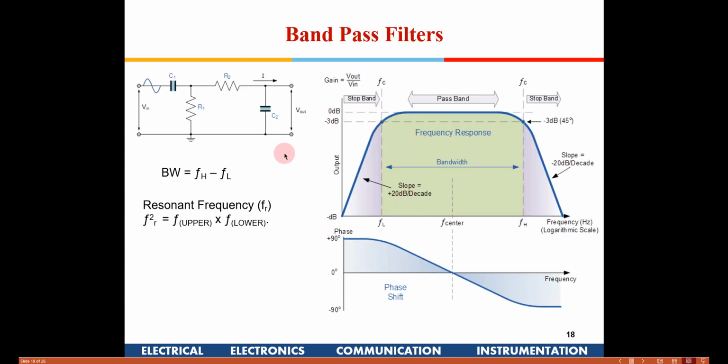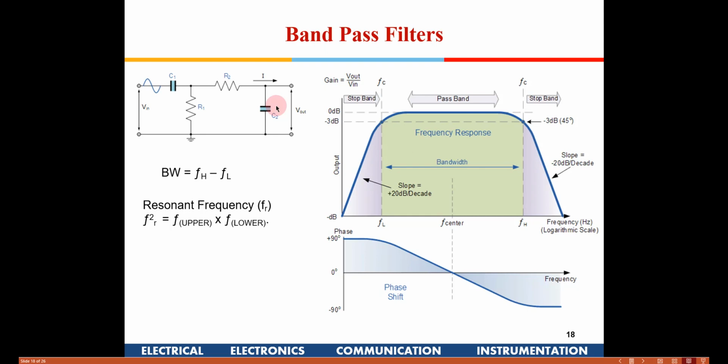Now you could also have something known as a band pass filter. What is a band pass filter? Here, one low pass filter is cascaded with a high pass filter, connected in series.